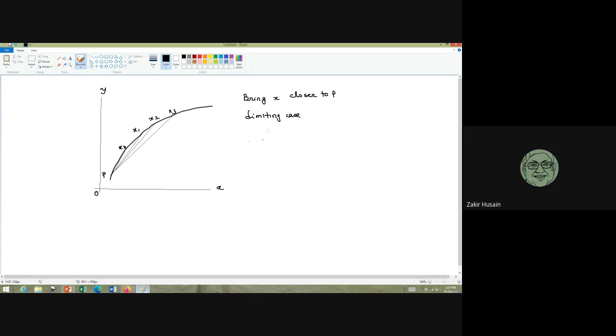When we are saying that we are bringing x closer to P, it means that this distance is tending to 0, and the limiting case is when x is equal to P. In that case, the secant will become the tangent.